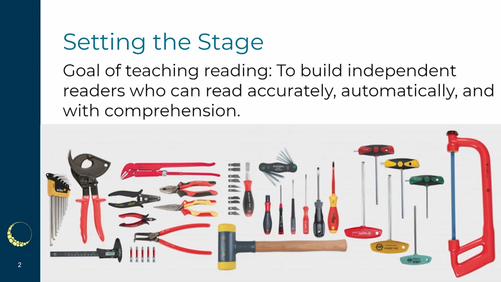And to set the stage for what we're about to do, I think we can all agree that the goal of teaching reading is to build independent readers who can read accurately, automatically, and with full comprehension. And I have a picture of tools here because we can agree also that texts for teaching beginners how to read are just that.